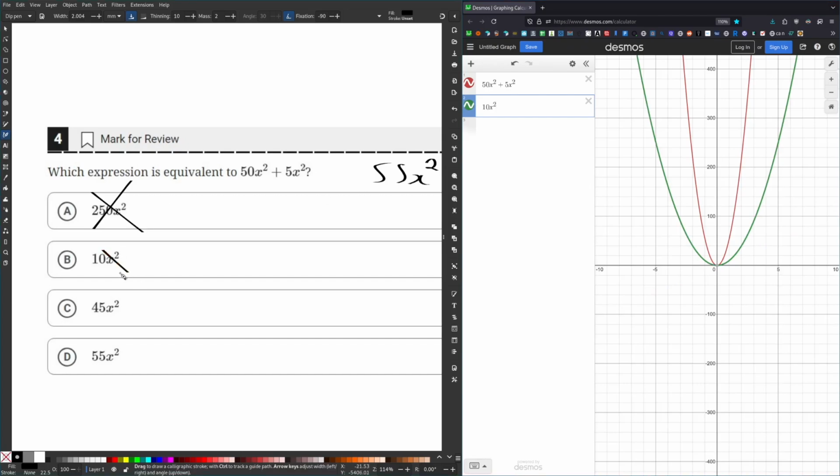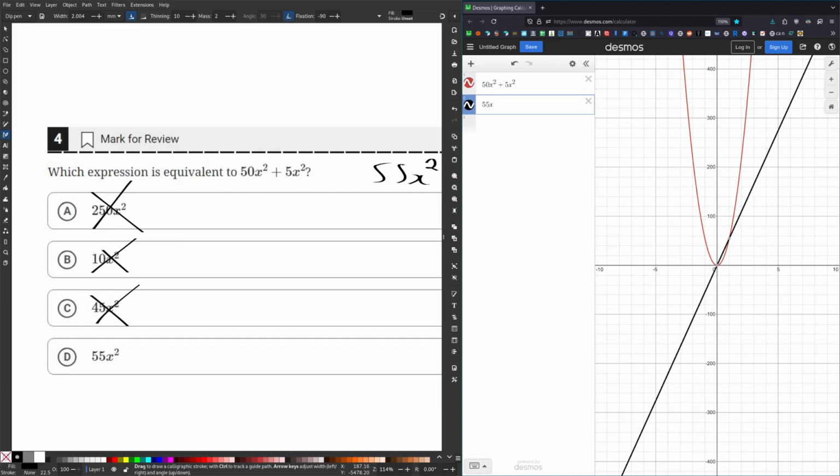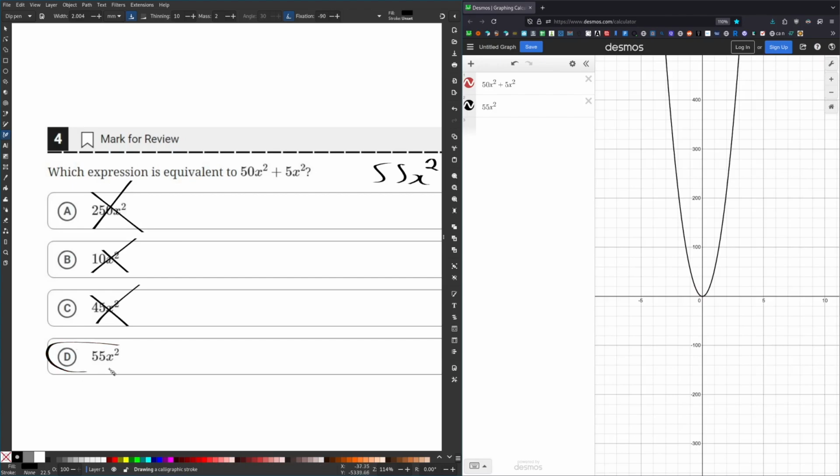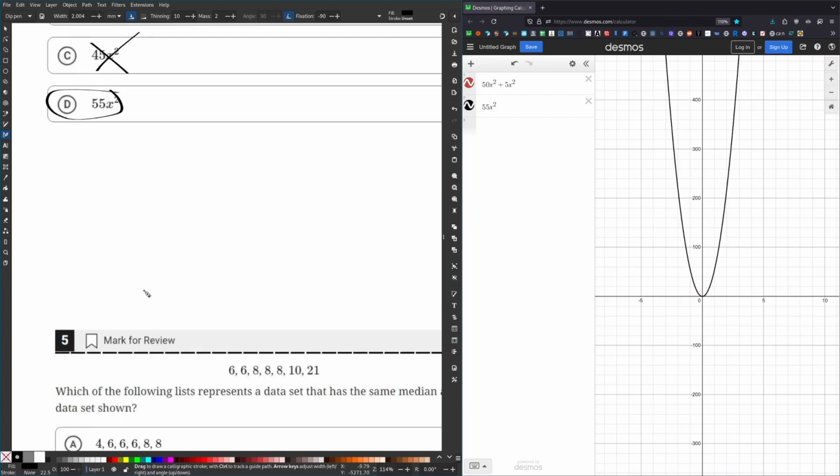Nope, doesn't match it. 45x squared doesn't match it either. As you can see, it's close, but it's not quite there. And for the last one, 55x squared, which matches perfectly. So the answer is D. You can use both methods. Okay, next one.